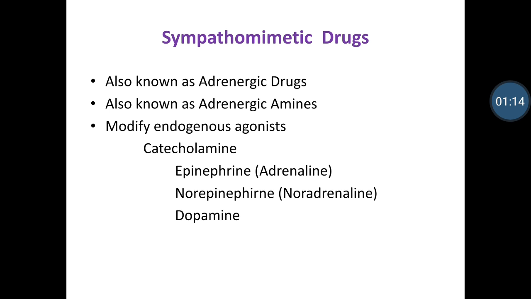The primary endogenous agonists of the sympathetic nervous system are catecholamines, that is epinephrine, also known as adrenaline, norepinephrine, also known as noradrenaline, and dopamine.